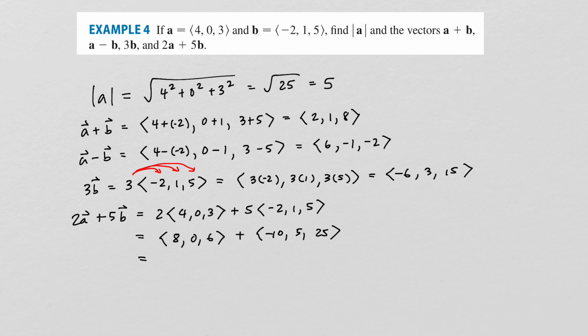And finally, we will simply add these components together. So 8 plus negative 10 is negative 2. 0 plus 5 is positive 5. And 6 plus 25 is 31.